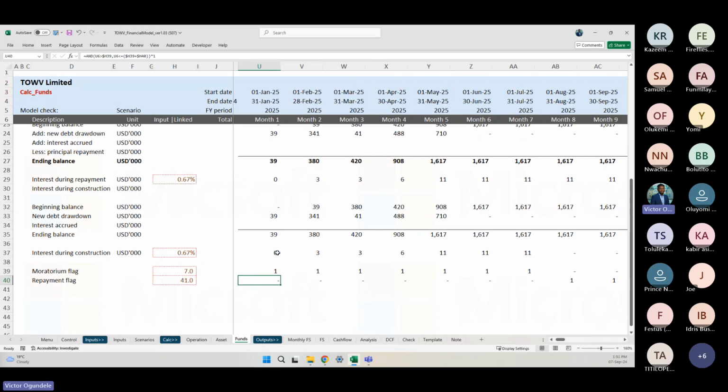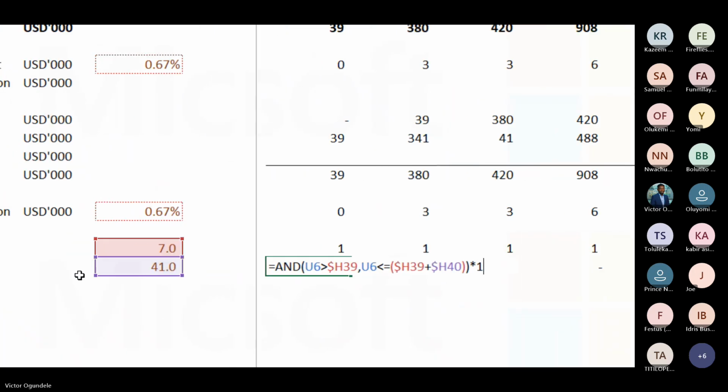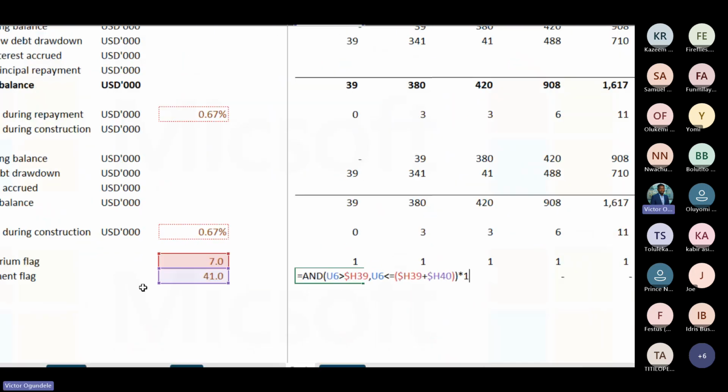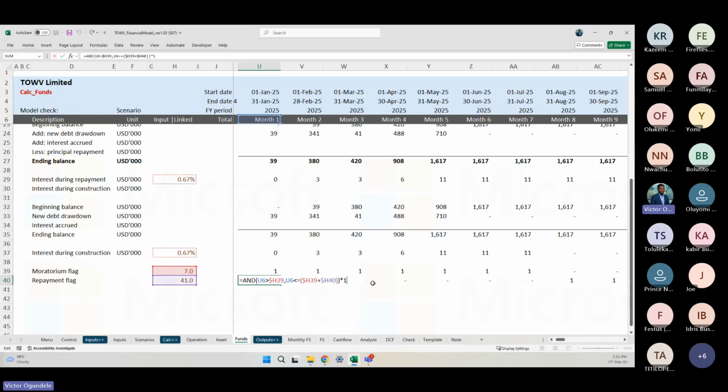All right. So before we go ahead and use the repayment flag, please don't memorize the formula, as I said. It's what we want to achieve. That should be the main thing that you should understand. Don't cram formula. You should know how to do time and flags by now.